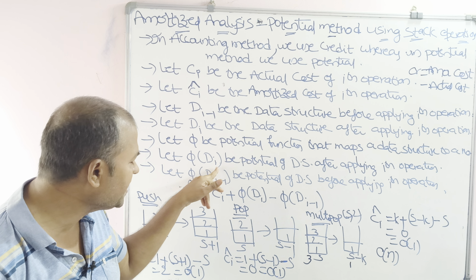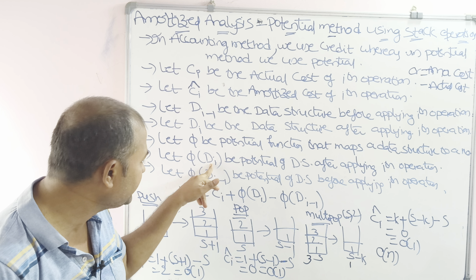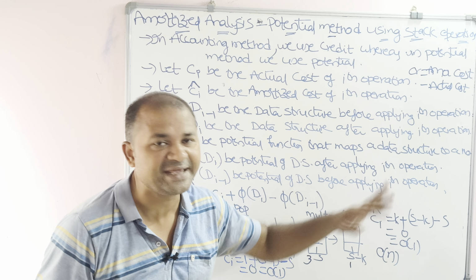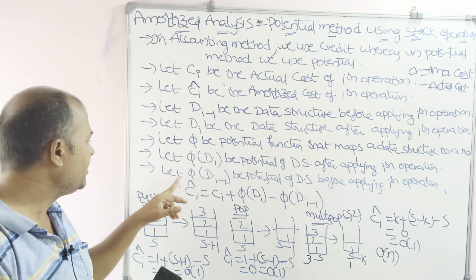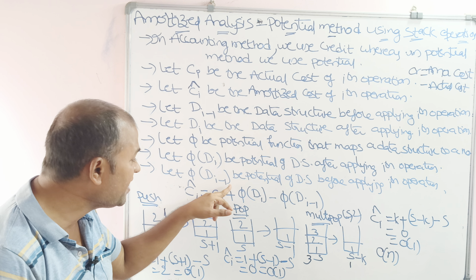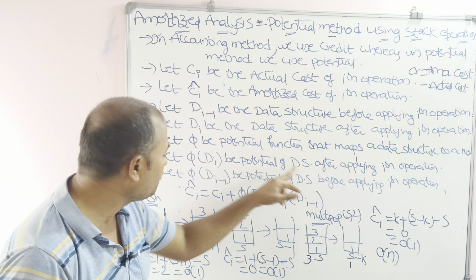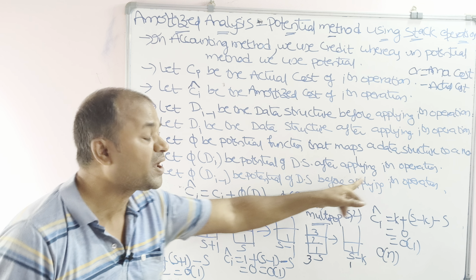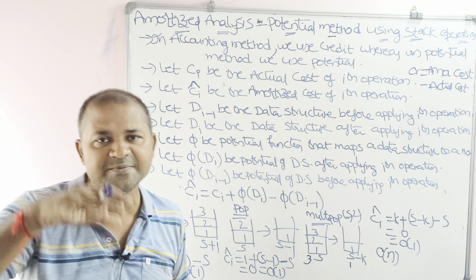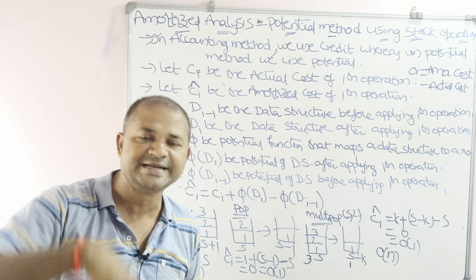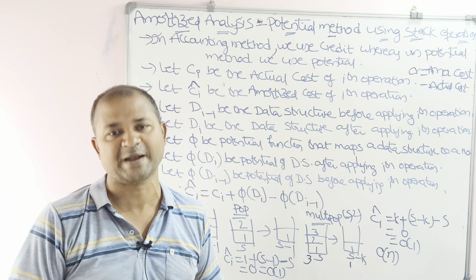So pi of Di is the potential of the data structure after applying the ith operation, whereas pi of Di minus 1 is the potential of the data structure before applying the ith operation.